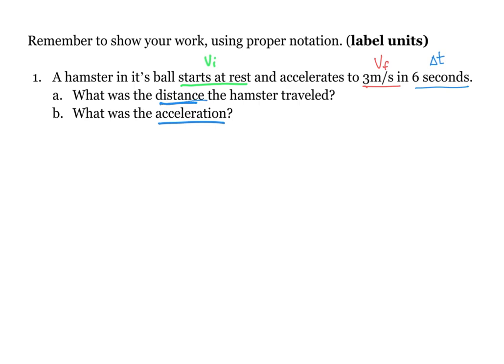The first thing I'm looking for is distance. What variable do we give the overall distance that we traveled? Change in x, all right? And then acceleration. What do we give acceleration? A, and this is going to be average acceleration.